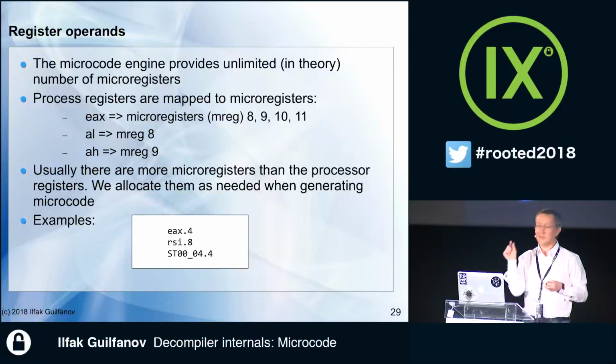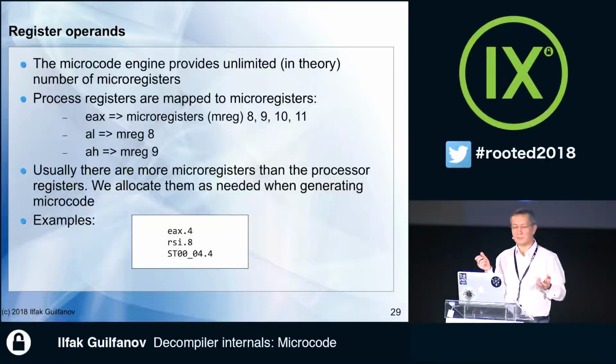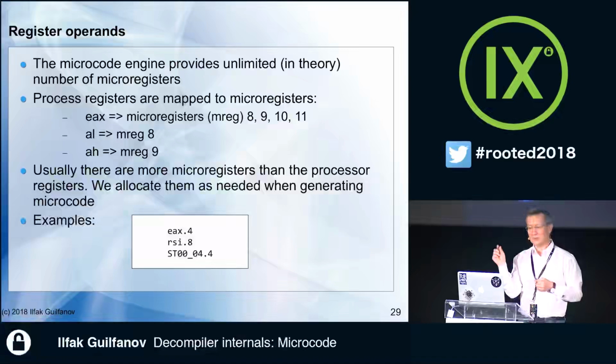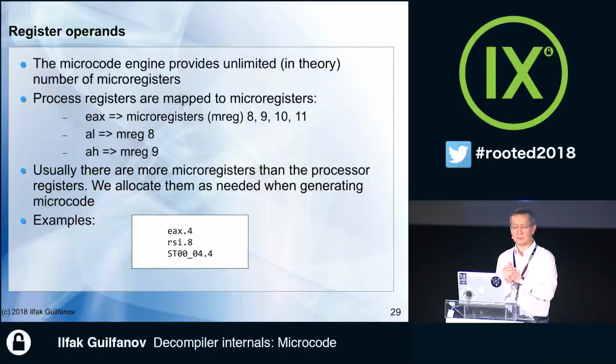Each micro register has a number, its ID. For example, micro register 8 is usually mapped to AL, 9 is mapped to AH, and so on. So this way, we map 1 byte into 1 micro register.